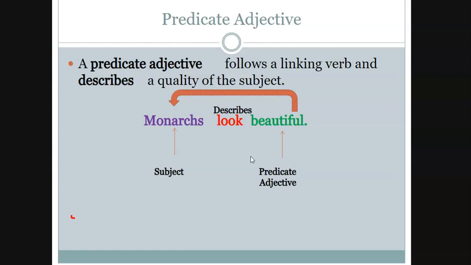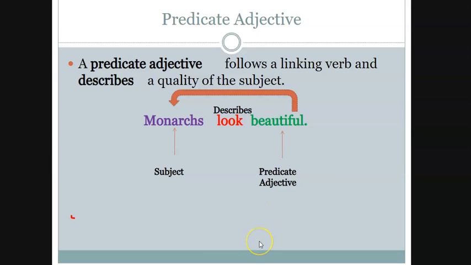Smart, very handsome will also be like beautiful. Also will be predicate adjective. Monarchs look beautiful. Subject, monarchs; look beautiful, predicate adjective. A predicate adjective follows a linking verb and describes a quality of the subject.